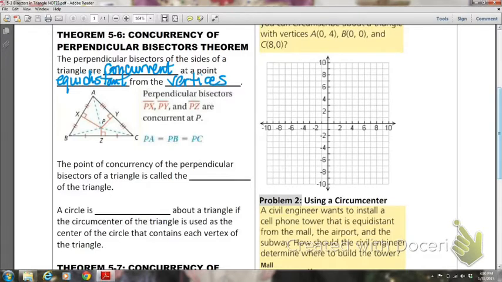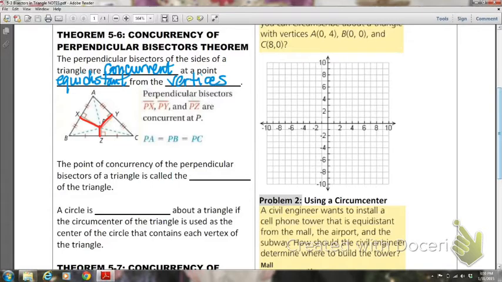So here in this diagram, we have perpendicular bisectors PX, PY, and PZ, because they're all perpendicular bisectors of the sides of the triangle. And they're all concurrent at point P, that point in the center.